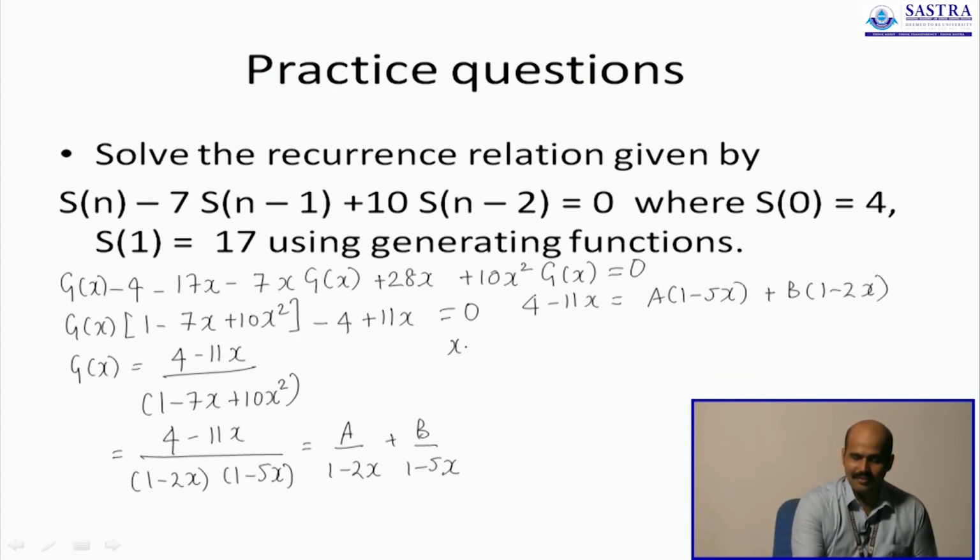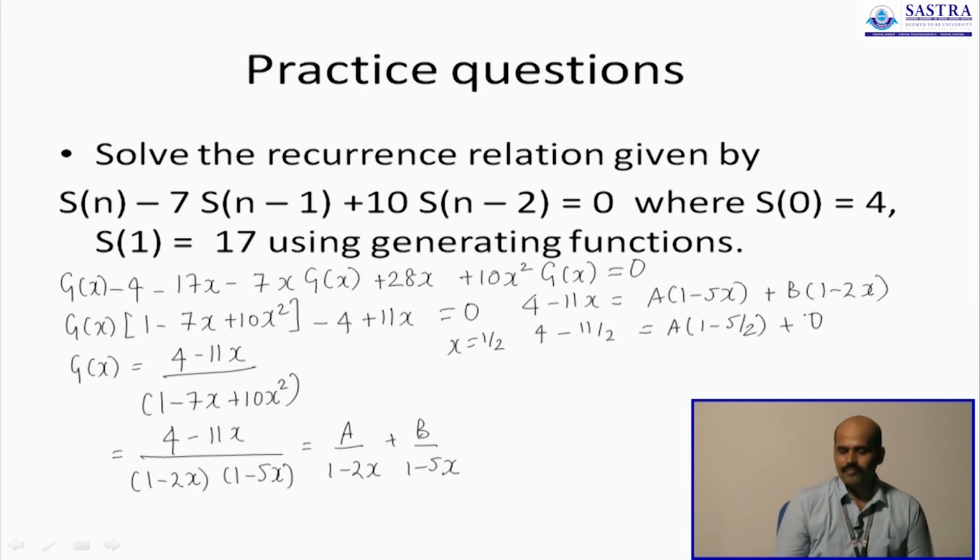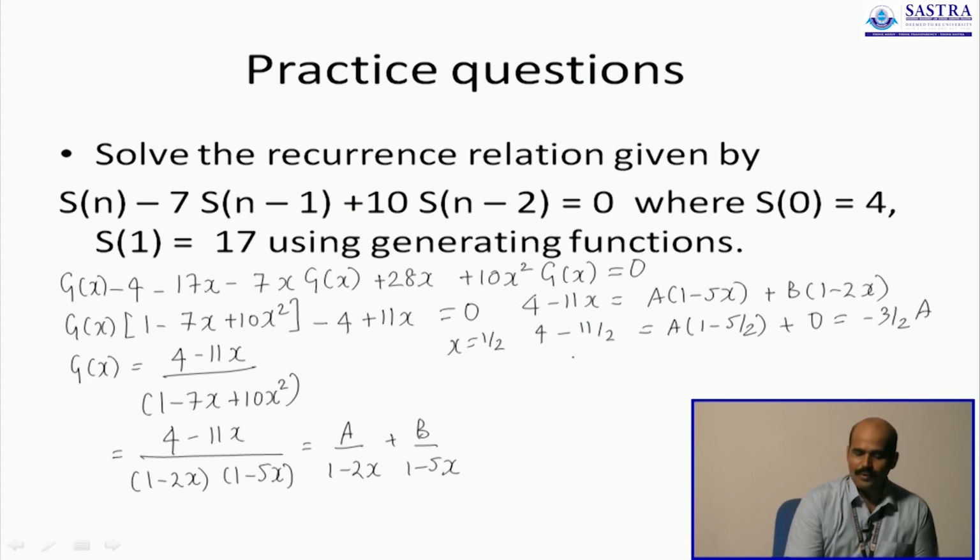If x is half, we have 4 minus 11 upon 2 giving us a times 1 minus 5 by 2 plus 0. 1 minus 5 by 2 is minus 3 by 2. 4 minus 11 by 2 is 8 minus 11 by 2, which is minus 3 by 2. So minus 3 by 2 is minus 3 by 2 a, or a is 1.